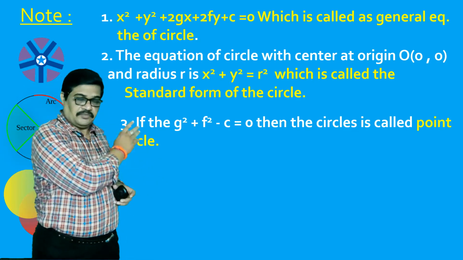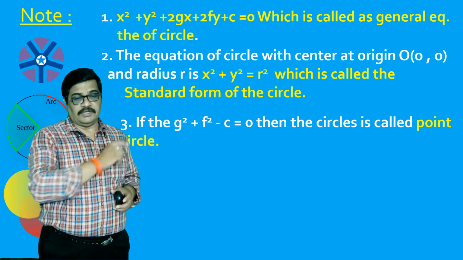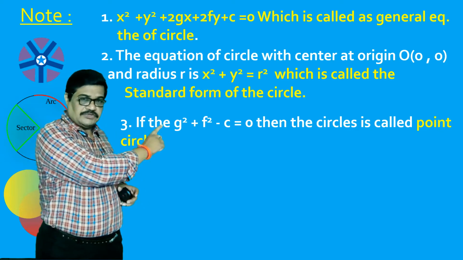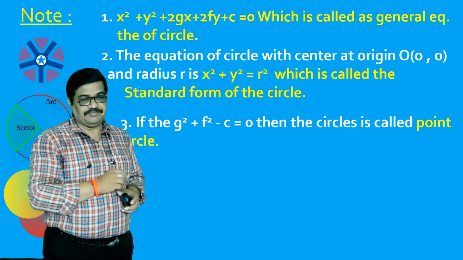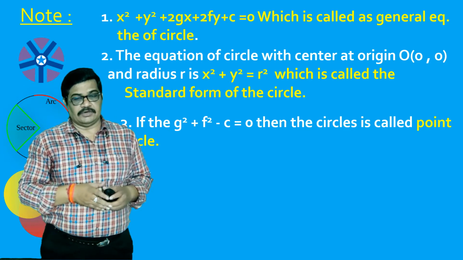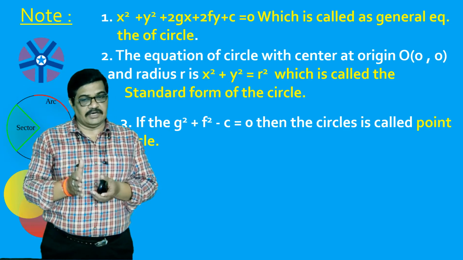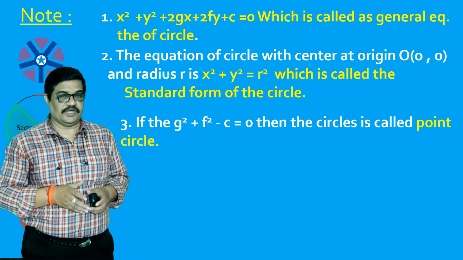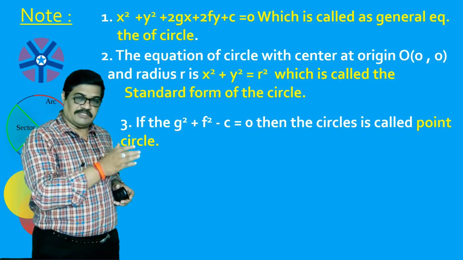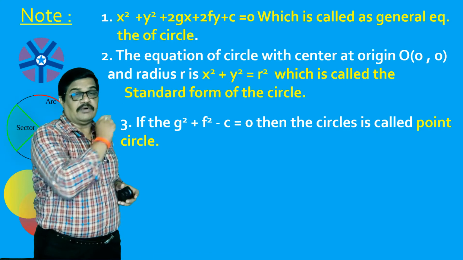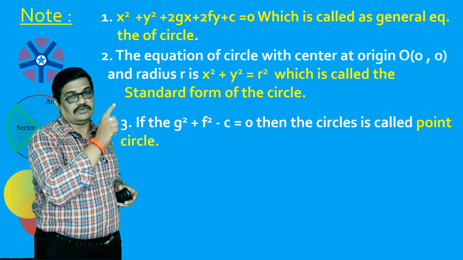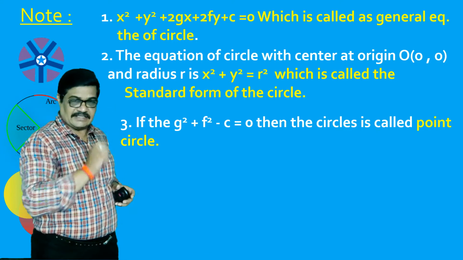That circle is called the standard form of the circle. Next, note, if the value g square plus f square minus c is equal to 0, then the circle is called a point circle. So what is g square plus f square minus c? Our radius r is equal to root of g square plus f square minus c.